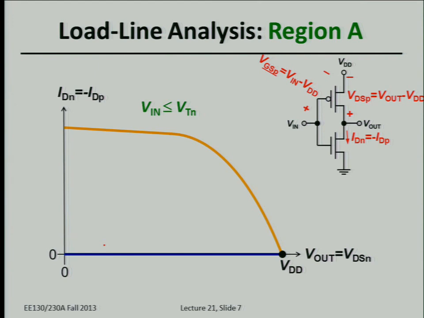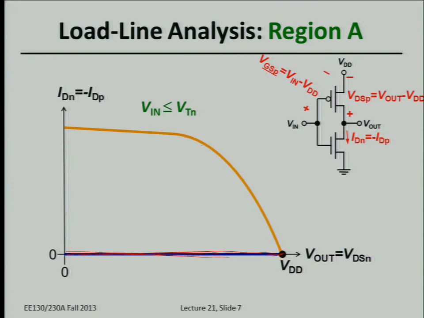Region A is starting at very low gate voltage, so the NMOS device is off. If the NMOS device is off, that means the input voltage is less than the threshold voltage of the NMOS device, and so the current should be 0 for the NMOS device, for all drain to source voltages, ideally. But if the input is low, that means the gate to source voltage is very large for the PMOS device.